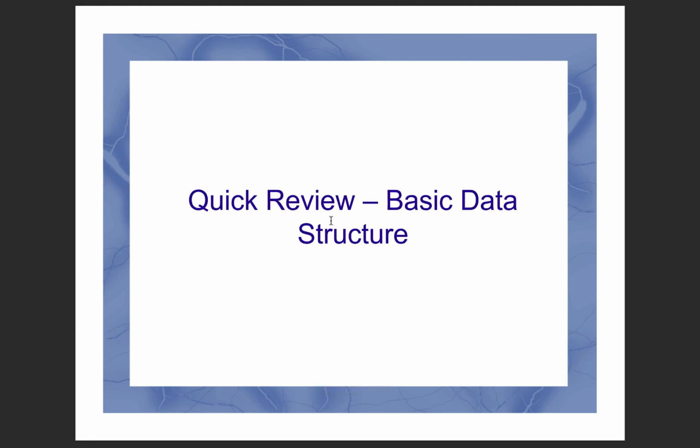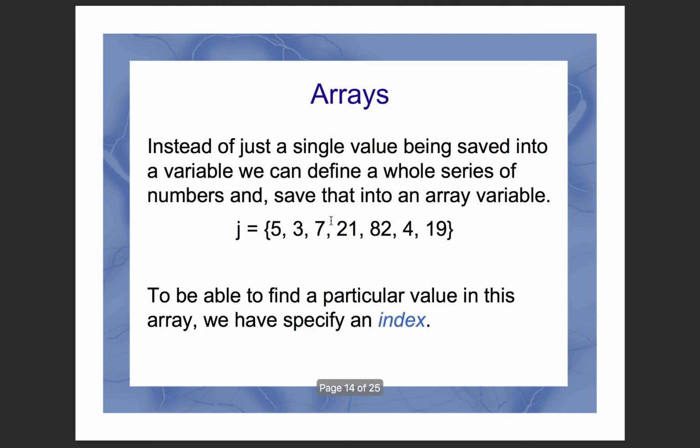So let's talk about some basic data structures that you have already learned. The array is the most important data structure that you have learned in the previous course. It's a list. You know that an array can keep several data of the same type.